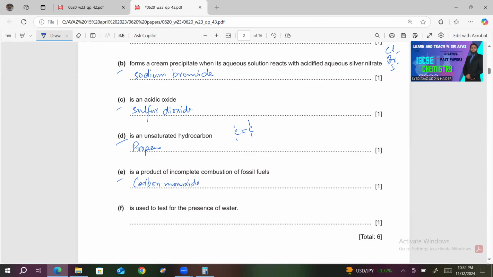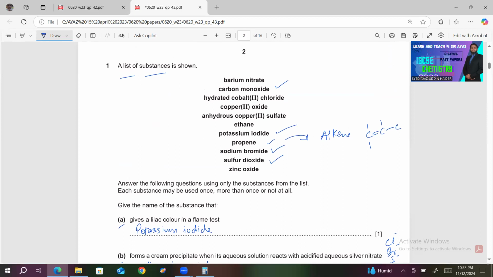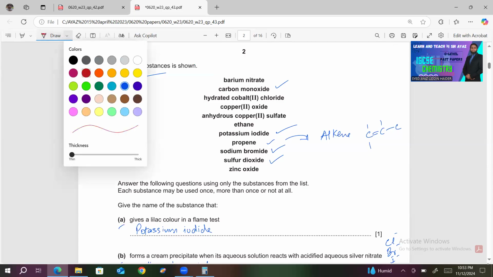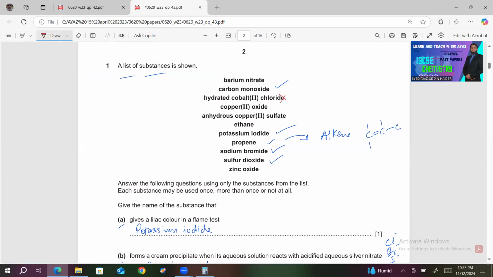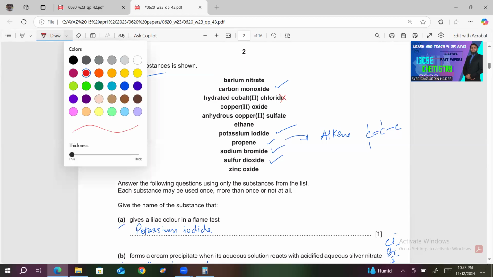Number F is used to test for the presence of water. If you look at the list, there's anhydrous salt, which is anhydrous copper 2 sulfate. Anhydrous copper 2 sulfate and anhydrous cobalt 2 chloride is used. Can't use cobalt chloride because it's already hydrated. Hydrated means it contains water in it.